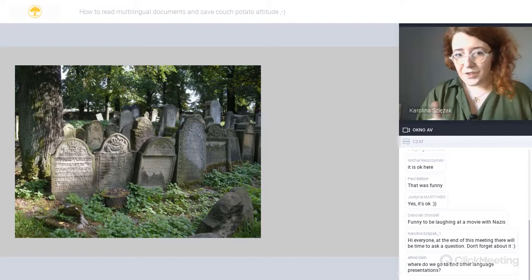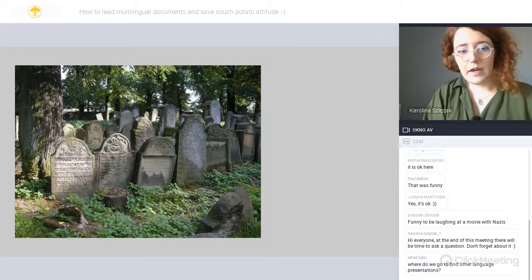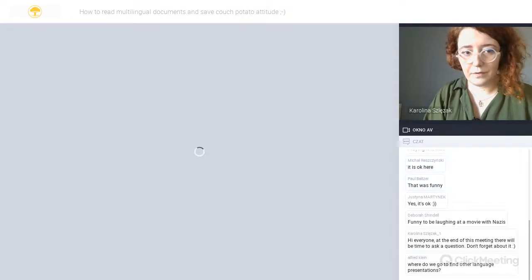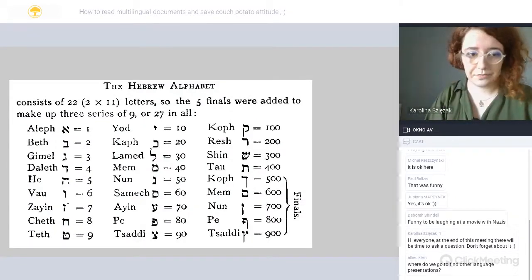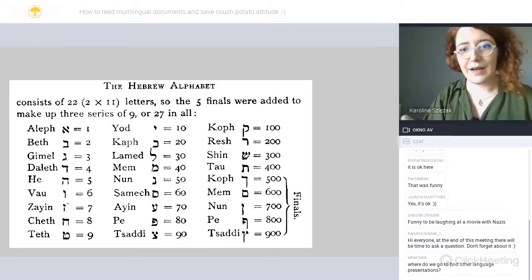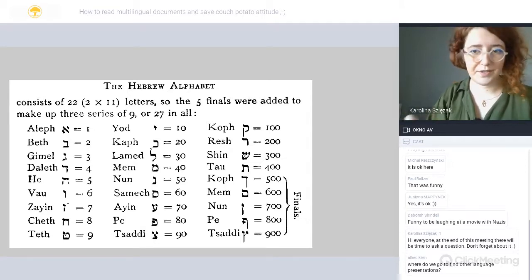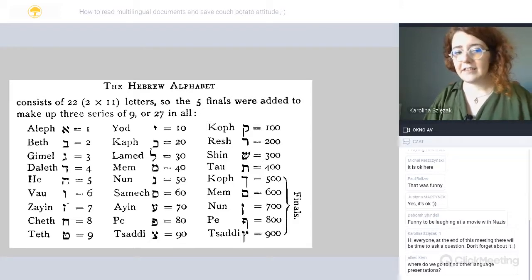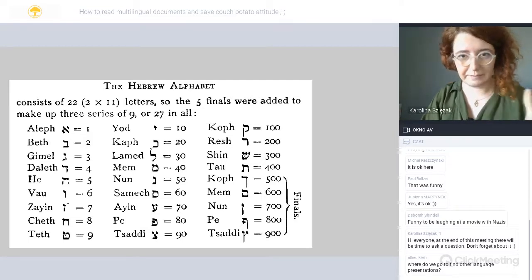When we want to read, for example, a Jewish gravestone, and we are not very fluent with that, we can just remember that every letter of the Hebrew alphabet has its value, and every letter refers to certain numbers.